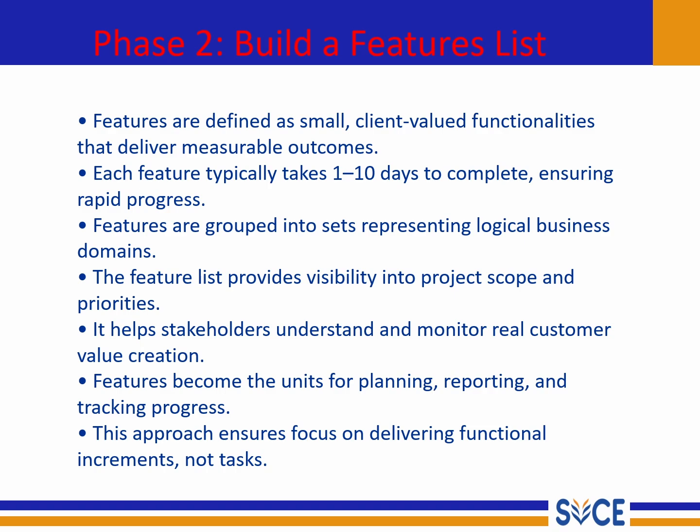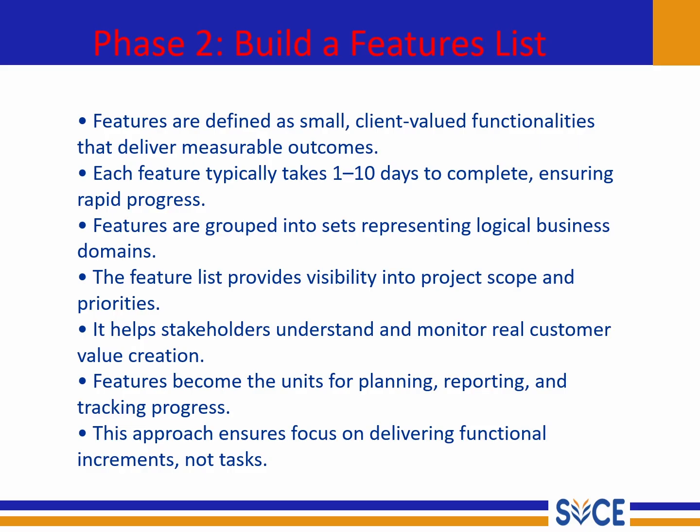Now, once all of these features are identified, they are grouped into sets that represent a logical business domain. For instance, the features related to user accounts might form one set while transaction-related features form another. This makes management and prioritization much easier.